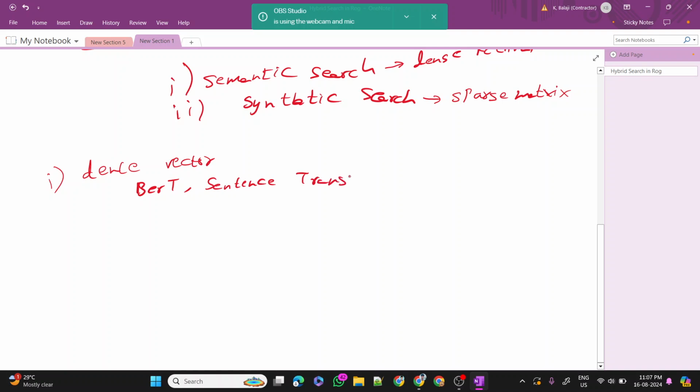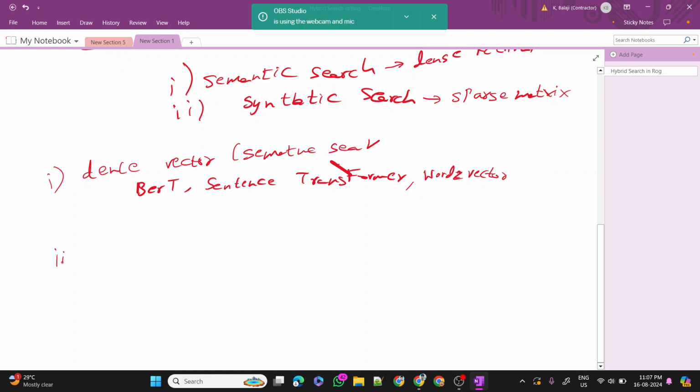These kinds of models are used to retrieve the relevant data in dense retrieval, and it uses word2vec embedding technique also to retrieve the relevant data. So it is semantic search.